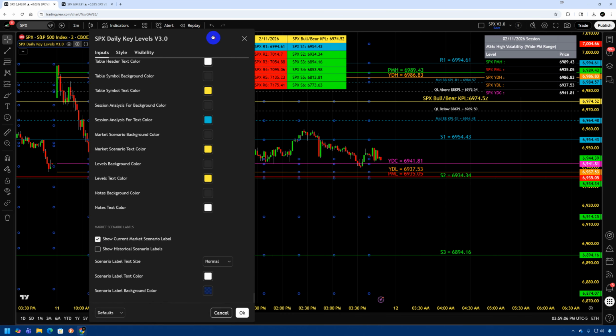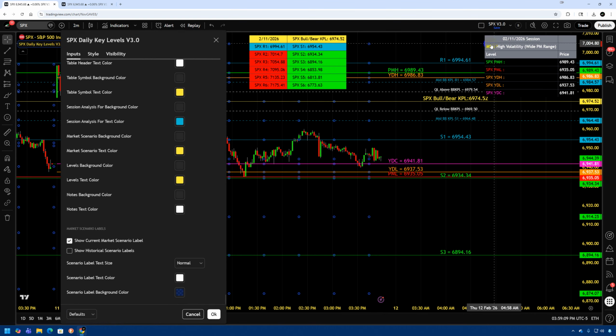So if you turn that on, let's say as an example you prefer to have your chart with this off for some reason, then you can turn on the current market scenario label and it will show you a label on the current candle, which you can change the size and also the text color and the background color of that label.